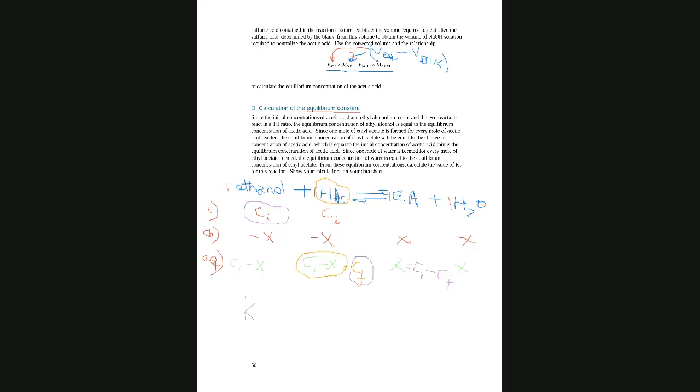The equilibrium constant is going to be the ratio of the products, which is x squared. But what is x squared? x, we said, is Ci minus CF, and it's squared because it's x times x, divided by Ci squared.